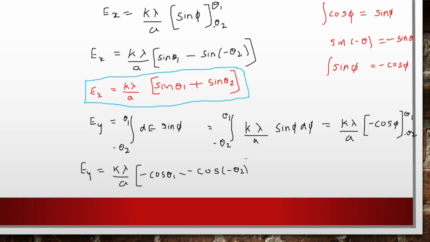Cos of minus theta is cos theta. So we can write this equation as E of y is equal to k lambda by a, cos theta 2 minus cos theta 1.